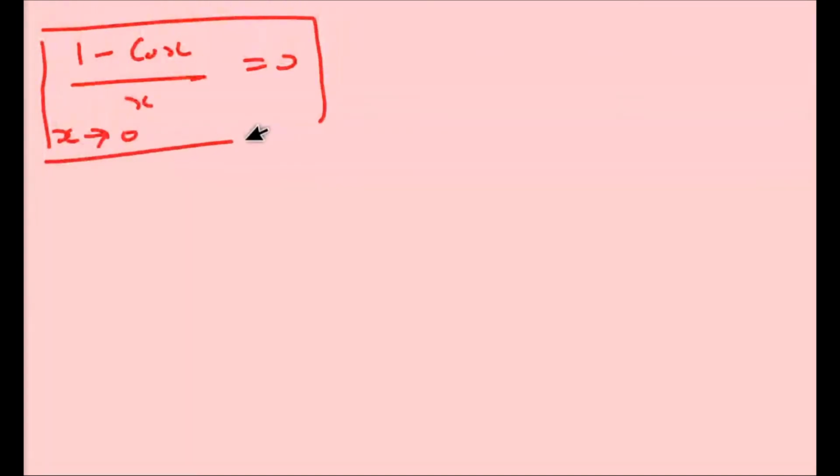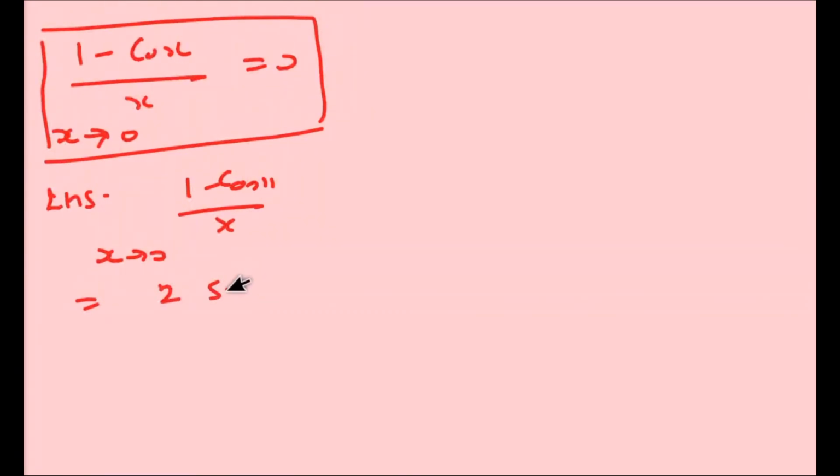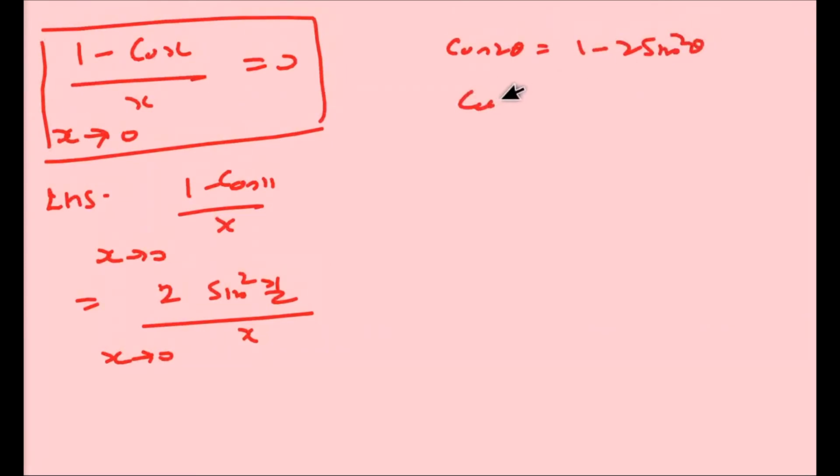Now the proof of this. LHS: 1 minus cos x upon x, x tends towards 0. Now we know the formula of cos theta, we can cancel out this 1 here, and we can write 2 sine square x by 2 upon x, x tends towards 0. Now cos 2 theta equal to 1 minus 2 sine square theta, cos 2 theta equal to 2 cos square theta minus 1.